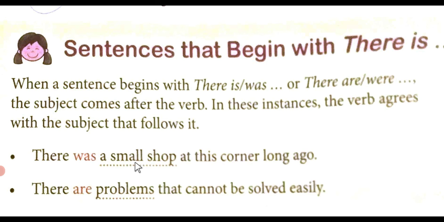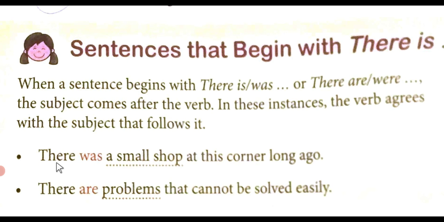In such cases, what do we do? We use the verb that agrees with the subject that follows, here was. So here the subject comes after the verb. For example, see the second example. There are problems that cannot be solved easily.